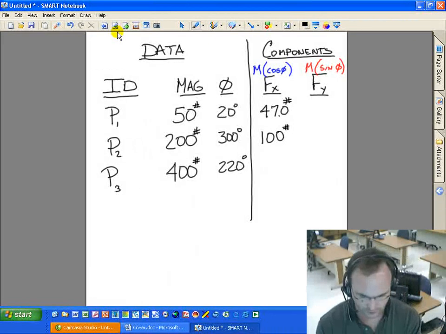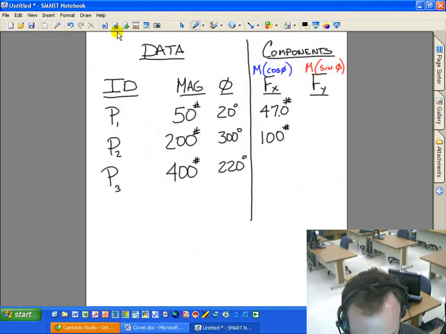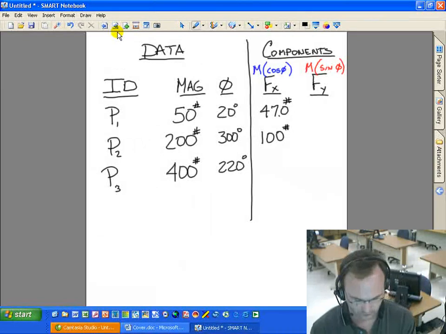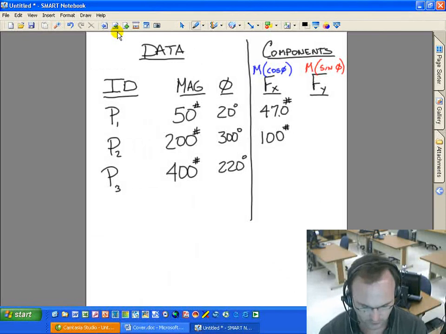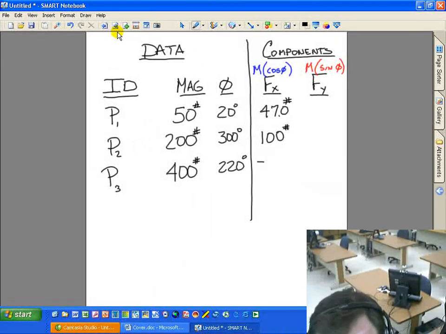And 400 times cosine of 220 equals negative 306.4 pounds, and you notice that you allow the negatives to remain.